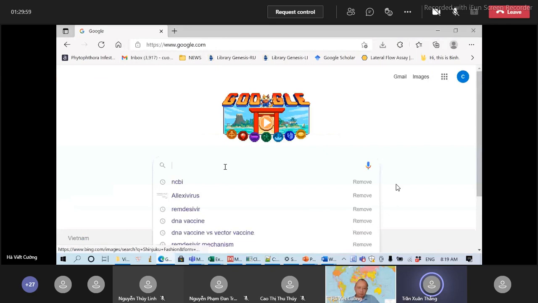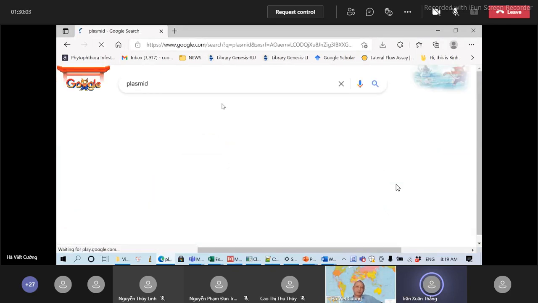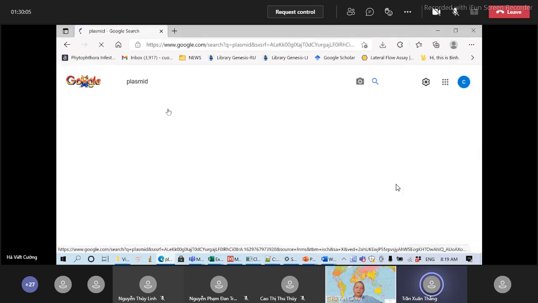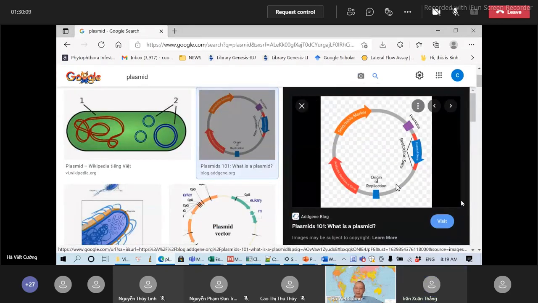Plasmid replication divides into three stages. The first one is initiation, the second is elongation, and the final one is termination.